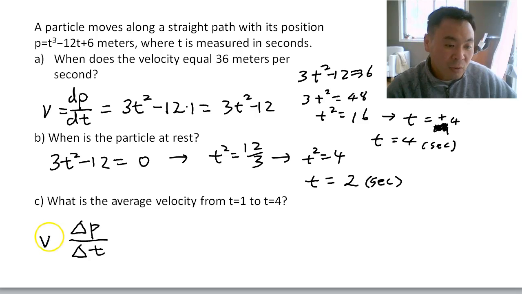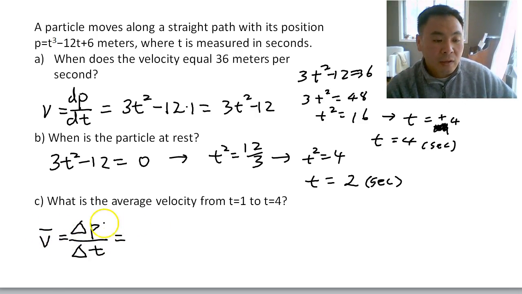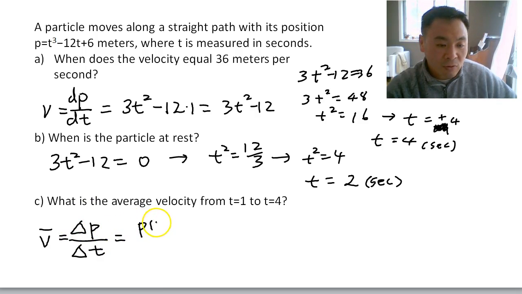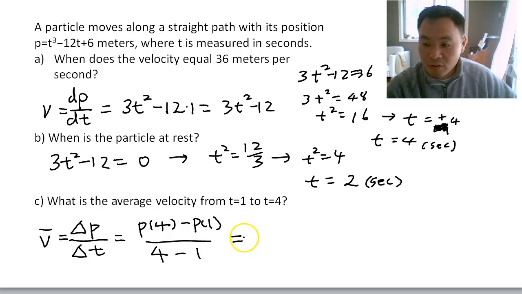So that is what we call the average velocity. This is a change in position, so you do terminal position minus initial position, position at time 4 and position at time 1, divided by the terminal time minus initial time. So you have to compute this.